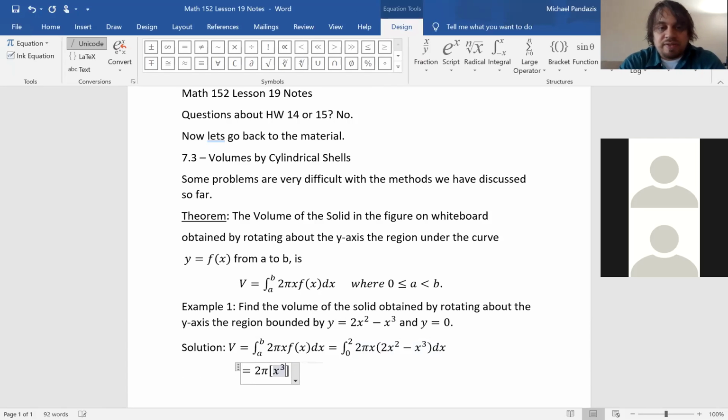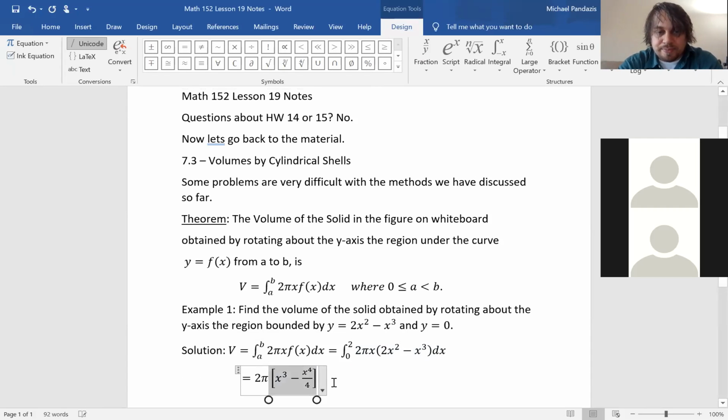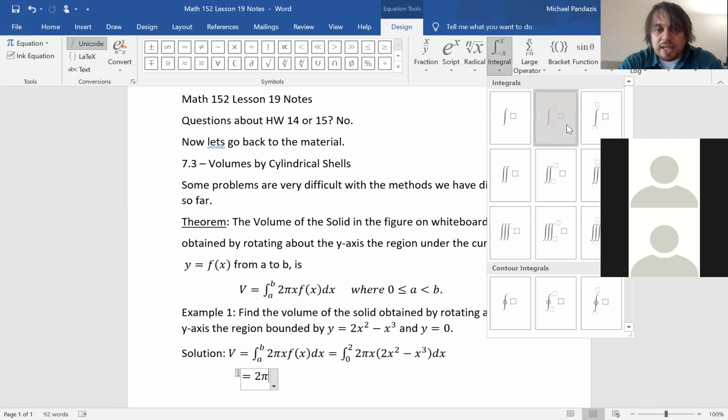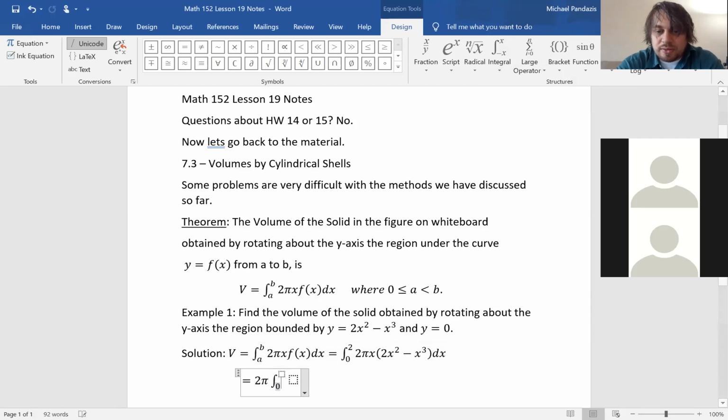Wait, sorry. Never mind. You have to multiply by the x here. So you have from 0 to 2, and it's x times that, so you have 2x cubed minus x to the 4th dx.